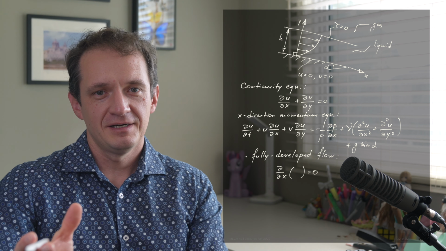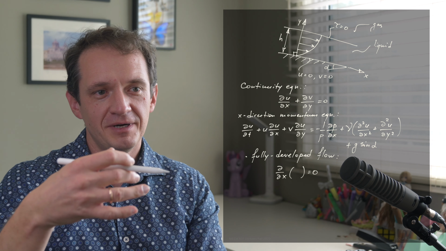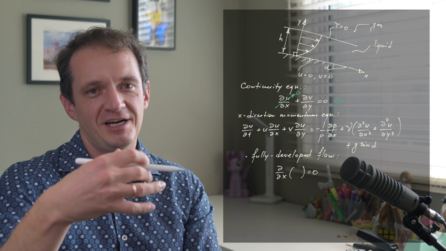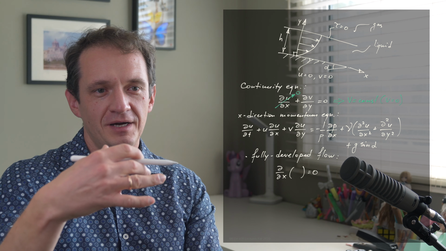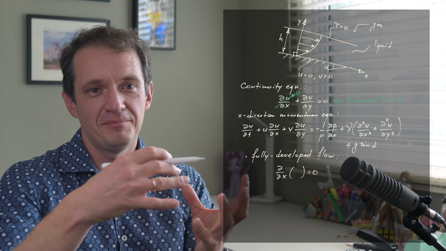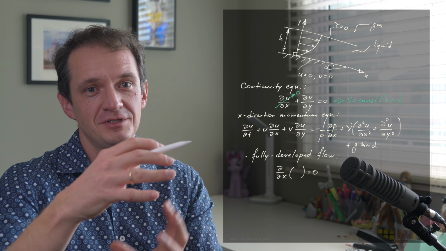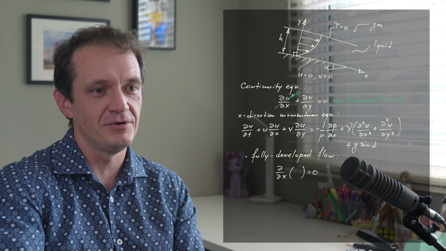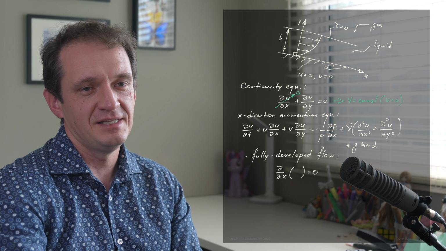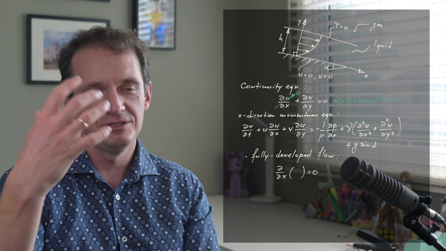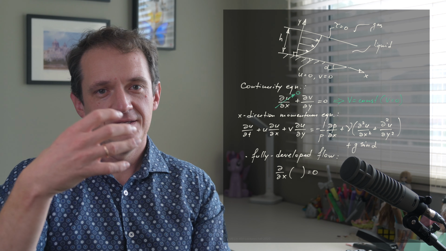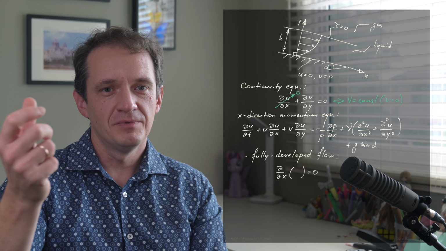If we use that in the continuity equation, we immediately arrive at the parallel flow assumption that we could make a priori, but we actually don't need to with the fully developed flow, because if there are no changes in x, then in the continuity equation du dx is equal to 0, and therefore dv dy is 0.